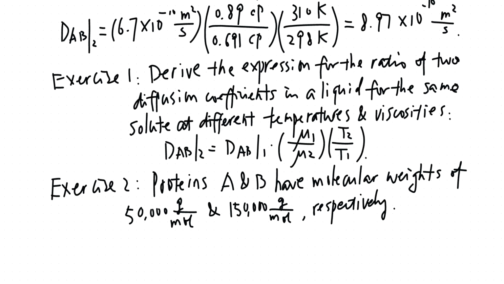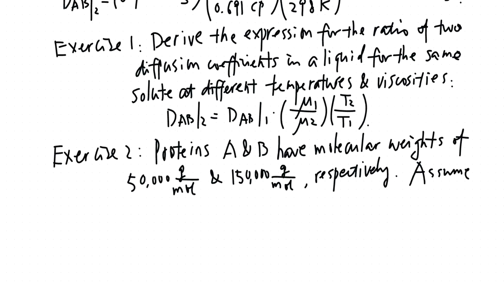Assuming equal shape and density. Well, equal shape means they are spherical. Assume the same density. So compare their diffusion coefficients.